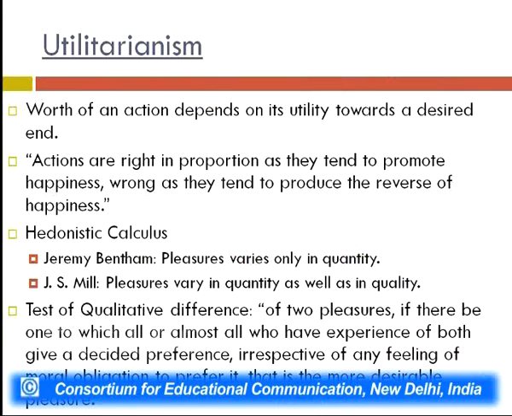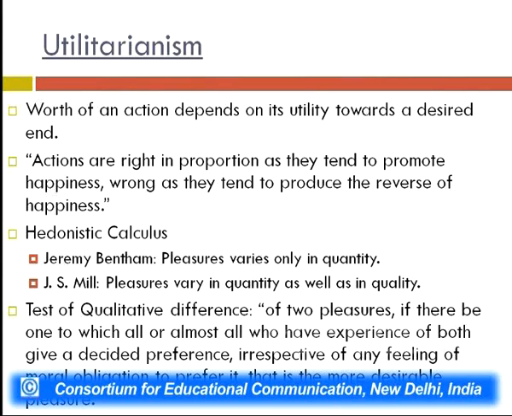Utilitarianism, as I pointed out earlier, is a subset of the theory of ethics called consequentialism, where, as opposed to deontology, we judge the moral worth of an action on the basis of its end result. So, according to utilitarianism, the worth of an action would depend upon its utility towards a desired end.